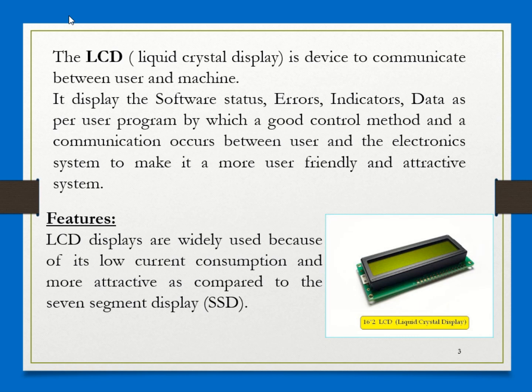That is, you have LCDs called 16 cross 2, 8 cross 1, 16 cross 4, or you have 8 cross 2, 16 cross 1, 20 cross 1, or 20 cross 2, etc. When I say 16 cross 2, it means it can display 32 characters at a time in 2 rows. Okay, so that means it is a 16 pin LCD and it has 2 rows.